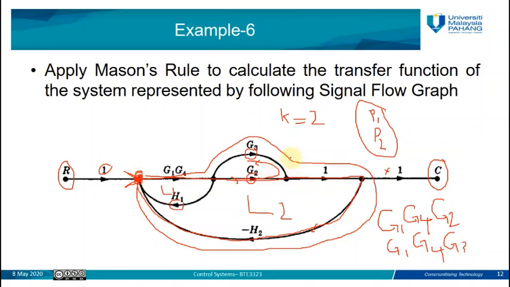The third loop, L3, starts from the same node but goes through the other branch, G3, and returns to the same node. So the gain here will be G1, G4, G3, negative H2.